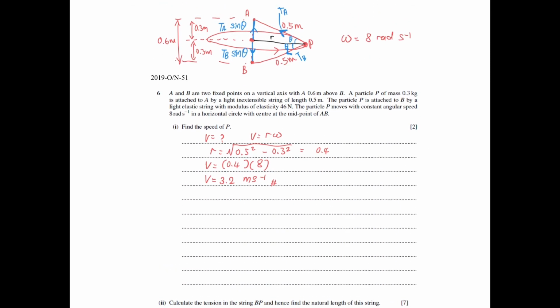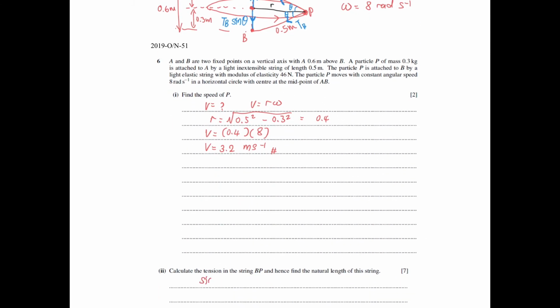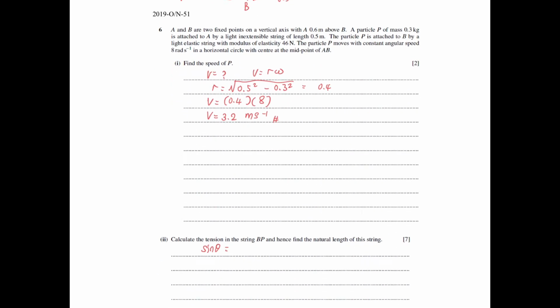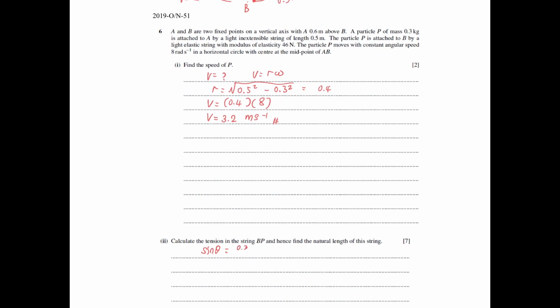We use sine, let's say. Sine theta is equal to opposite 0.3 over 0.5. So theta we just inverse sine, inverse sine 3 over 5. So we will get 36.87 degrees.